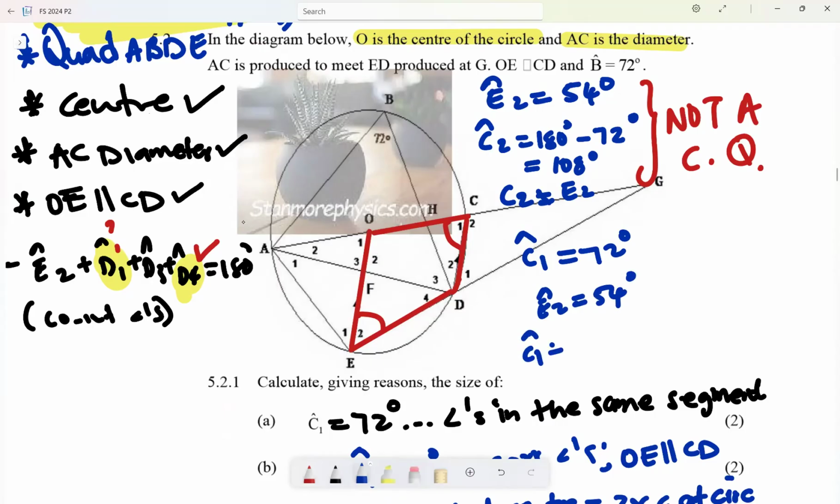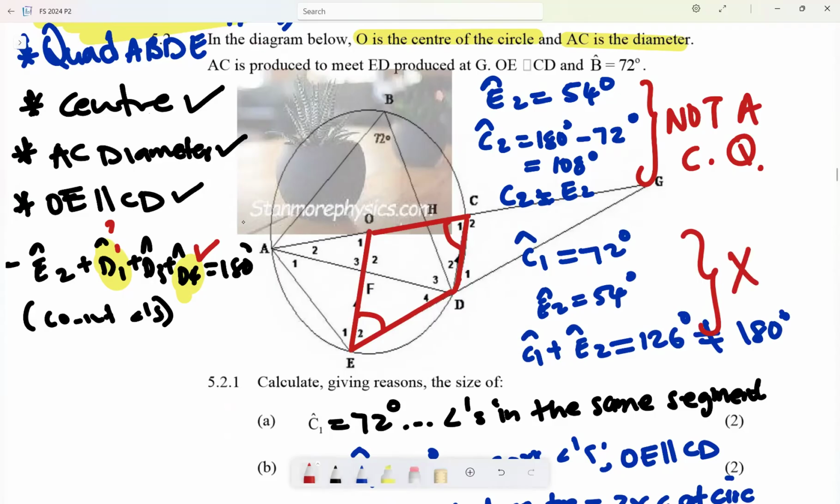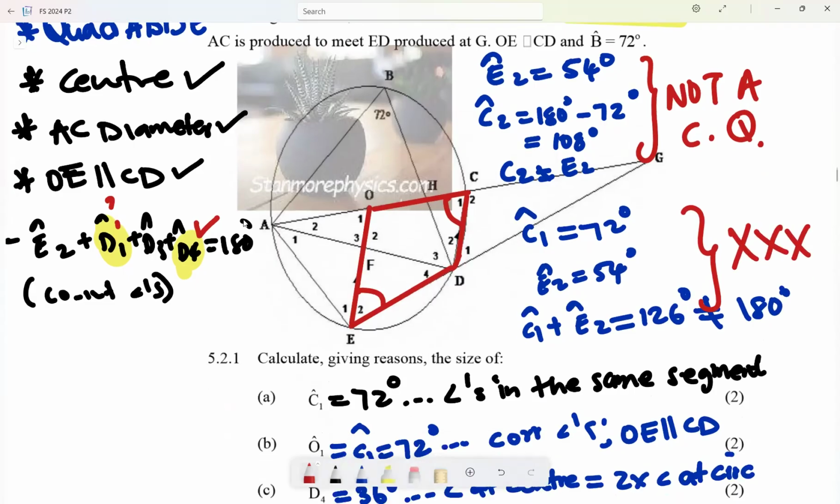Angle C1 plus angle E2 give me 72 plus 54. They give me 126, which is not equal to 108. So another reason why it is not a cyclic quad.